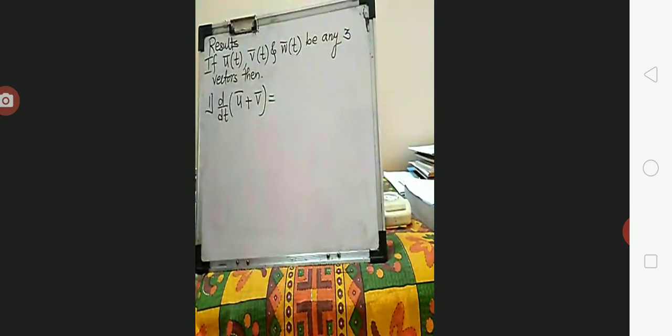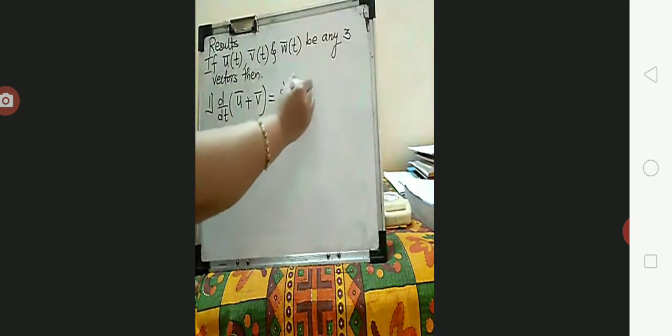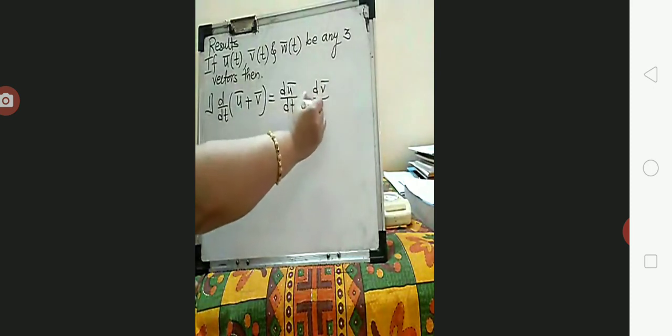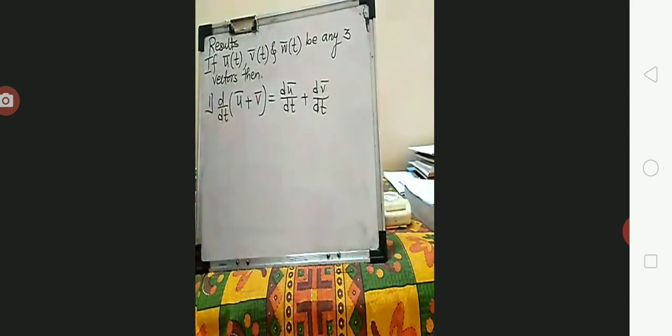Whether it satisfies the same properties or not. What we'll get is du bar by dt plus dv bar by dt. So instead of taking the addition, you can separately find the derivatives and then take the sum. That is nothing but taking the sum of the two vectors first and then taking the derivative. It is one and the same thing.